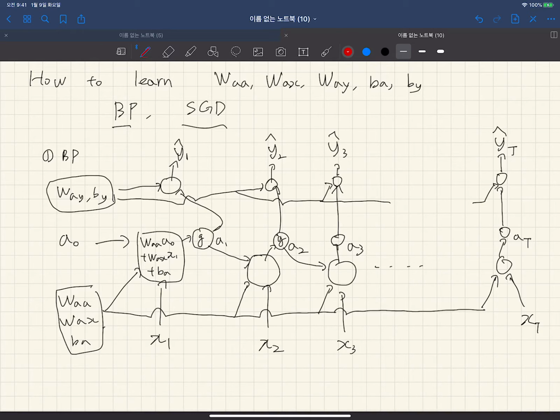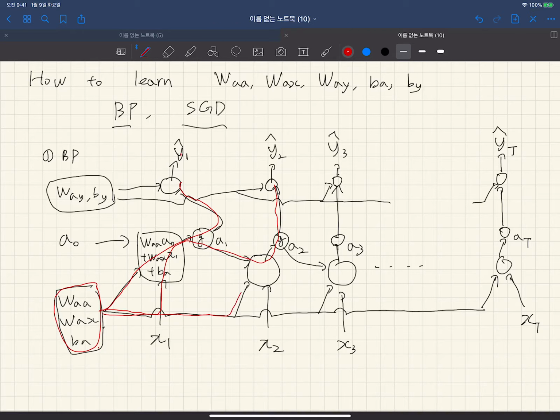Right. So there are a lot of paths from the parameters WAA, WAX, BA to the outputs Y1 hat, Y2 hat, Y3 hat, up to Y hat T. There are many paths, right?